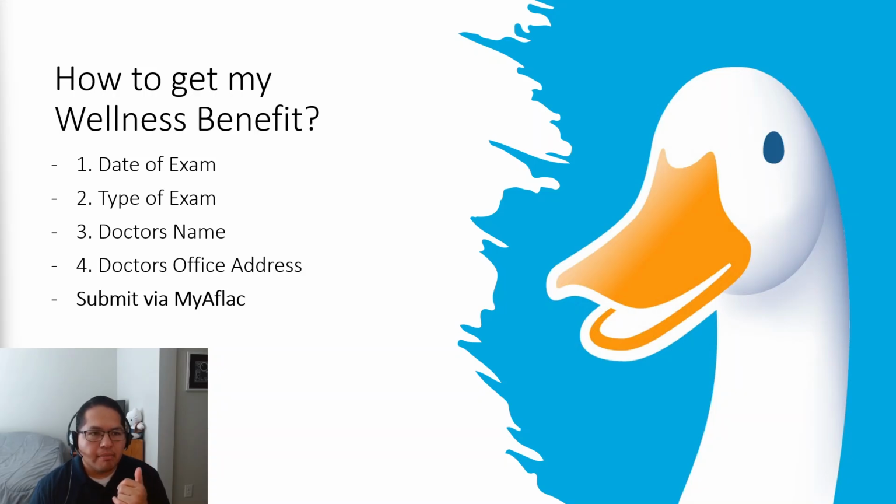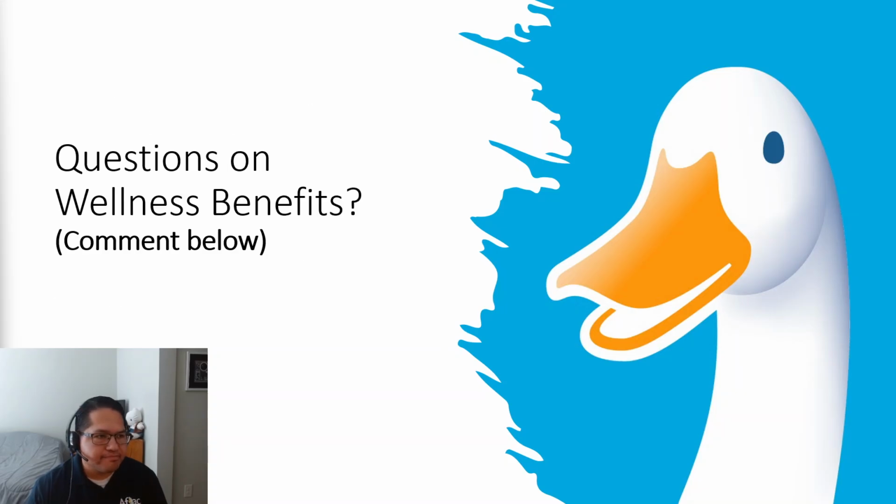You're going to need the full address of the office where you went. I have a video on the channel that shows how I did mine through the website. You can take a look at that, and you use those four pieces of information to submit on your MyAflac account, and make sure you set up your direct deposit before you do that.